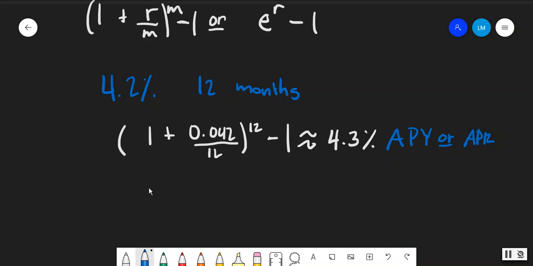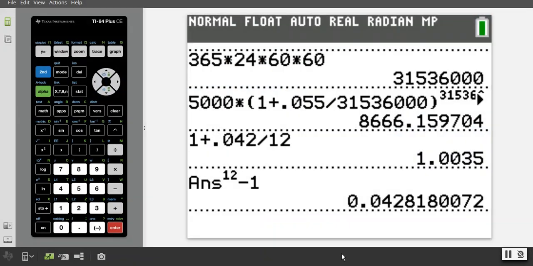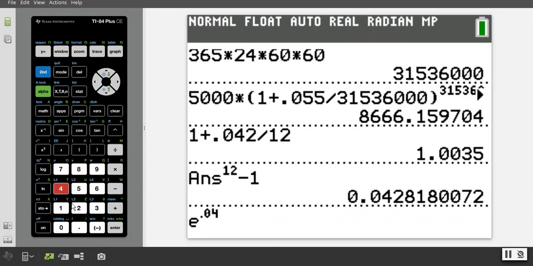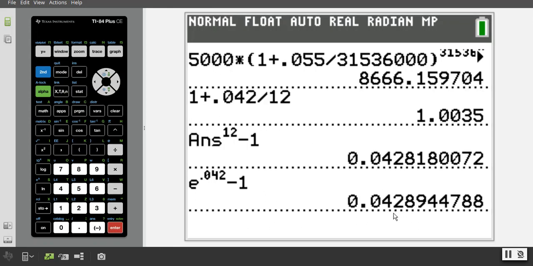You would take e and raise it to the 0.042, and then you just subtract 1. This is only if the amount is continuously compounded, so it's an entirely different effective rate if you think about it. And as it turns out, you get more or less the exact same thing.